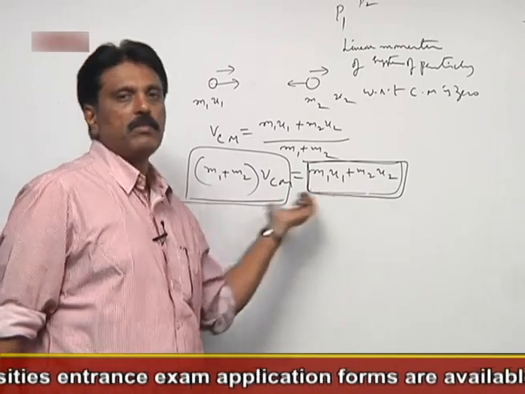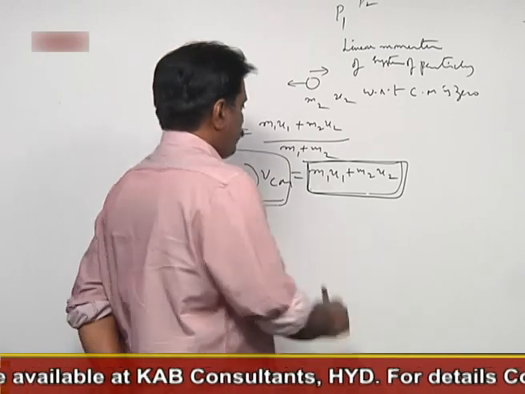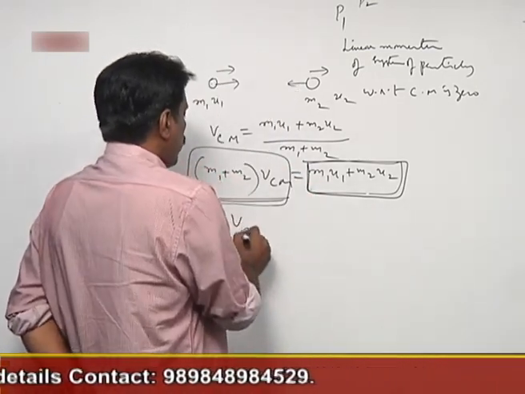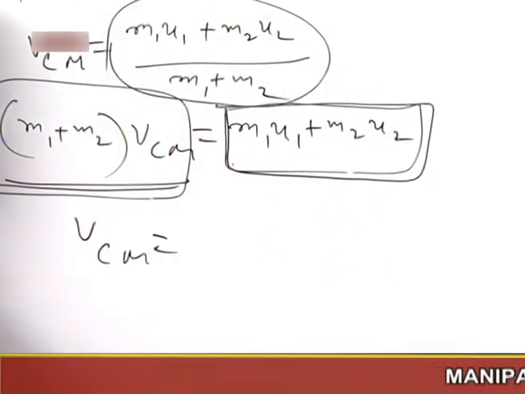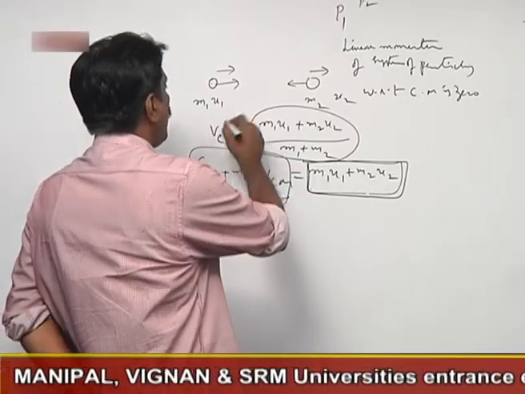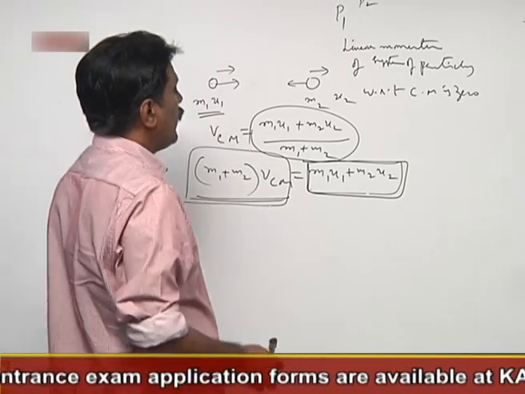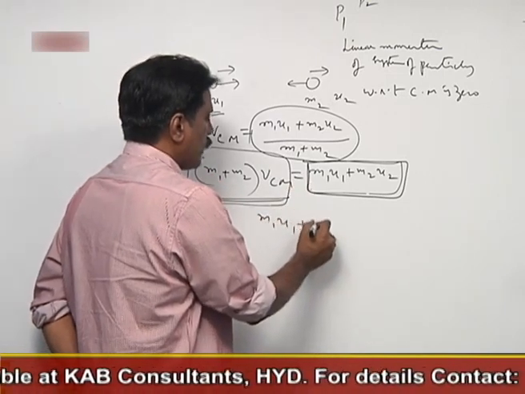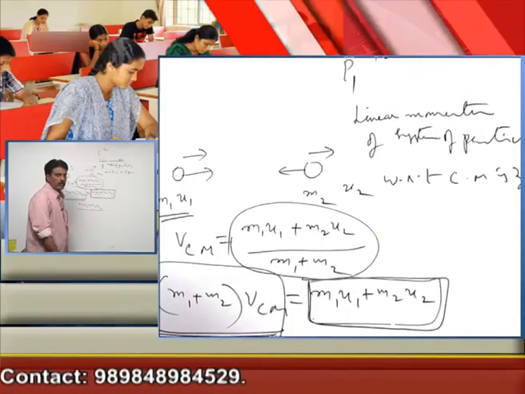Because that is nothing but this minus this equal to 0. Now, automatically the velocity of the center of mass, which is given by this, if you take the sum of the linear momenta of the two particles, m1 u1 plus m2 u2, this is the sum of the linear momentum of the two particles.